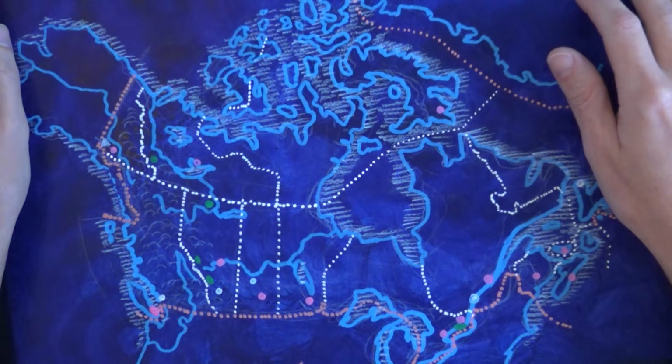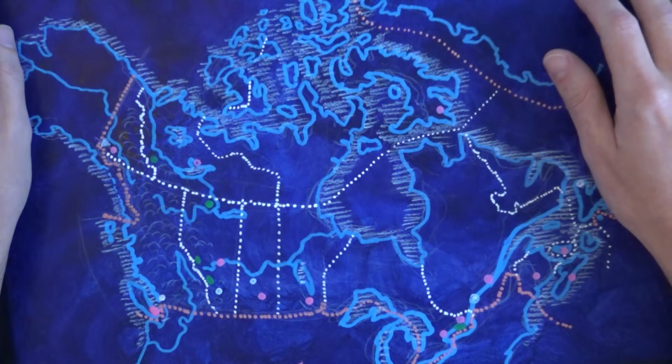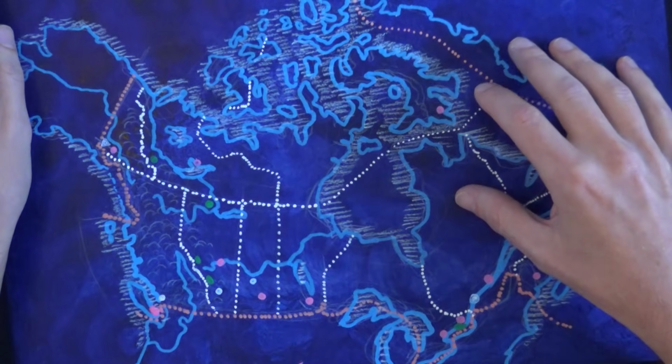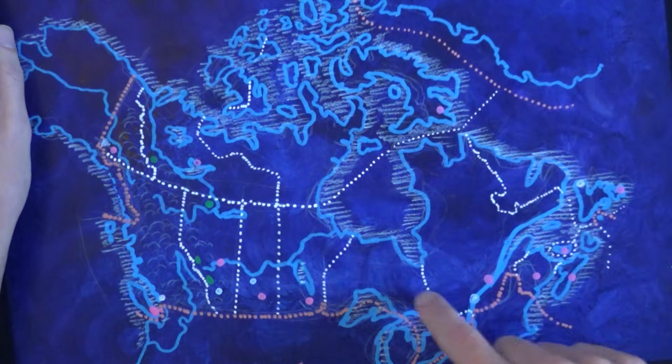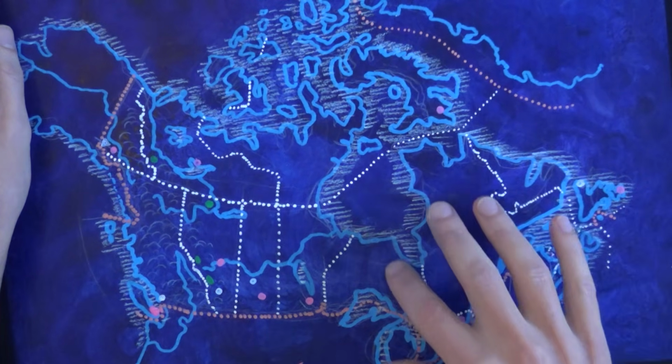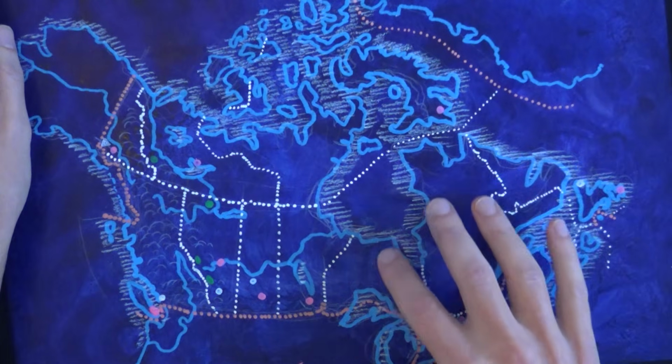Yeah, Canada became independent from the UK in 1867. So it was a British colony before that. I think the name Canada started here, in the Quebec area.